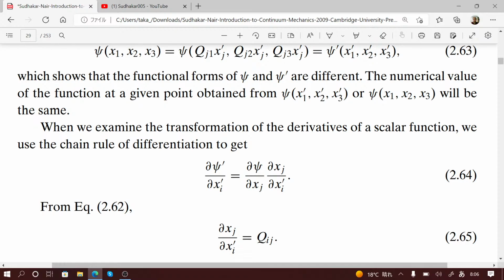From a heuristic definition of vectors as directed line segments in space, it is clear that these are independent of the coordinate system.